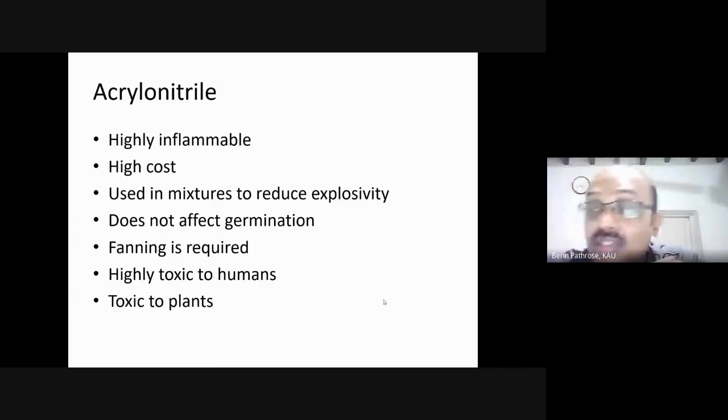It doesn't affect germination, but it has high density. So fanning is required. Acrylonitrile is a dense gas, so it won't distribute or penetrate properly. So we need to provide fans to distribute it evenly. So it has very undesirable properties: costly, inflammability, density, and it requires fanning.